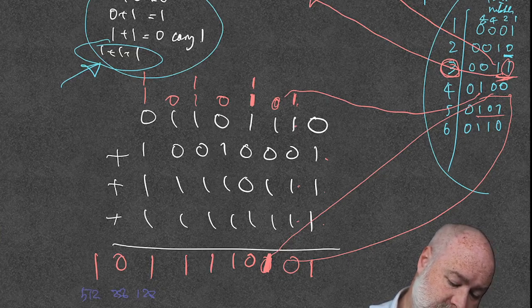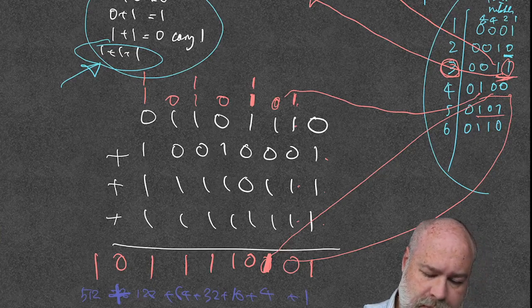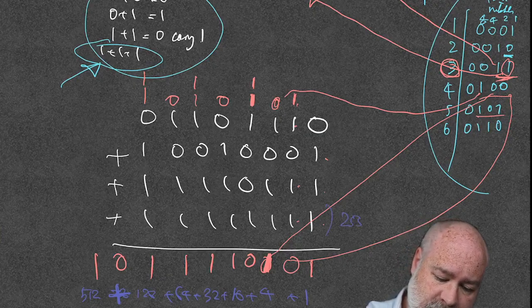So it's 512 plus 128 plus 64 plus 32 plus 16 plus 4 plus 1. That would be the equivalent of it, which I haven't worked out. I know this number is 255 for sure.